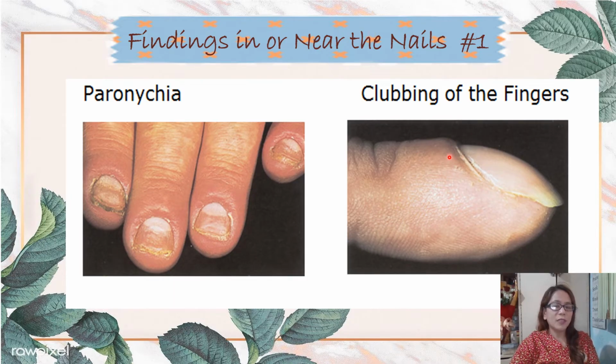This is usually seen in patients with congenital heart disease, or interstitial lung disease, or patients who have lung cancer. So doon daw nakikita yung clubbing of the finger. Kasi nga, due to hypoxia, decreased supply of oxygen.